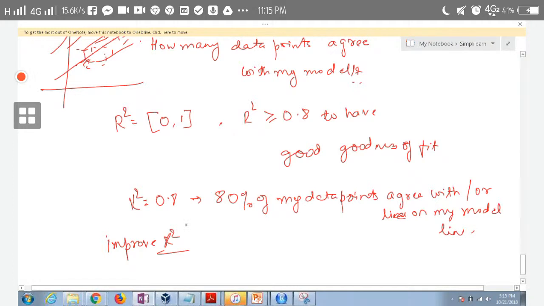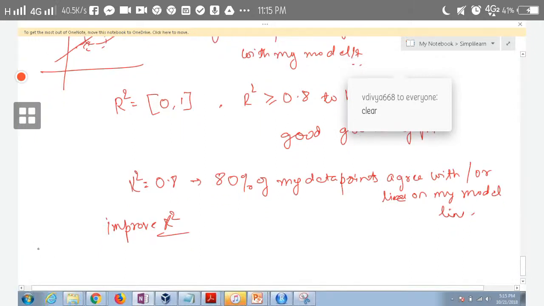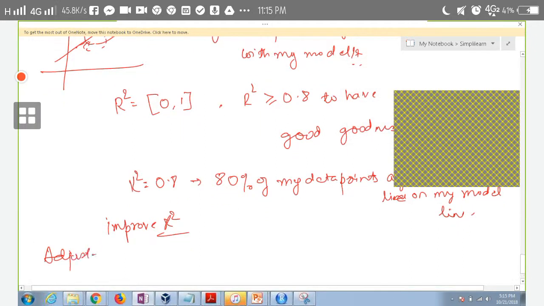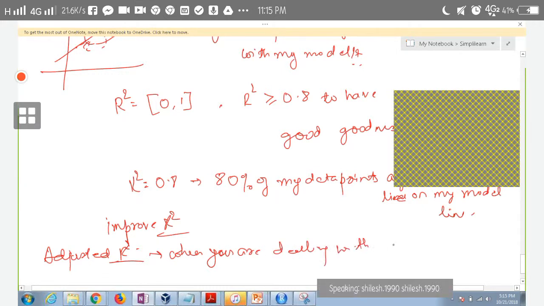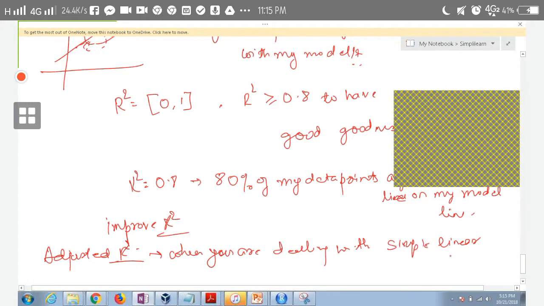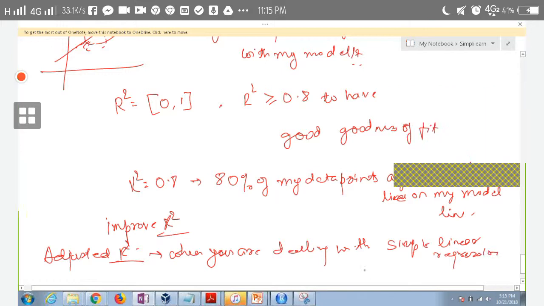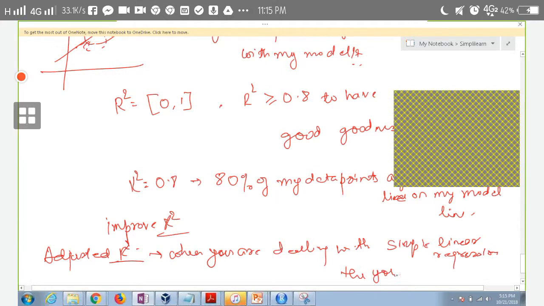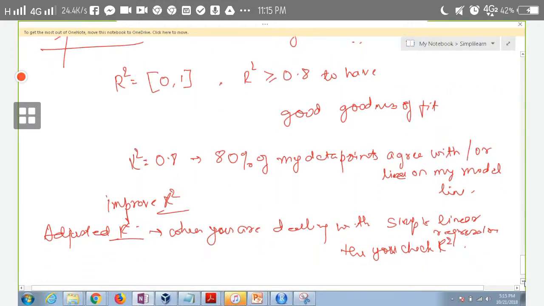Clear? Okay. Now, there is another term called adjusted R square. What is this? When you are dealing with simple linear regression, then you check R square or multiple R square.